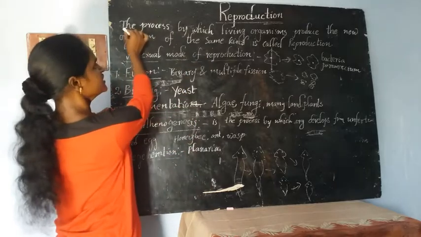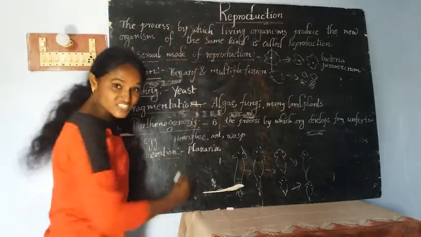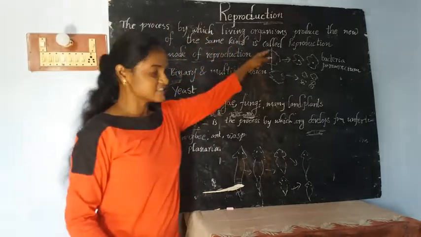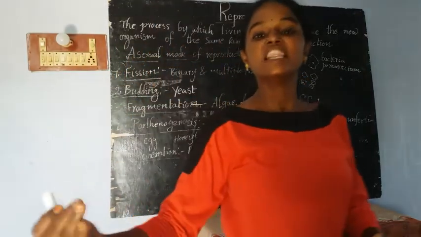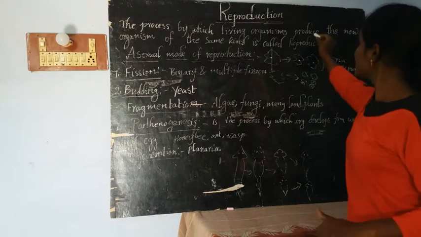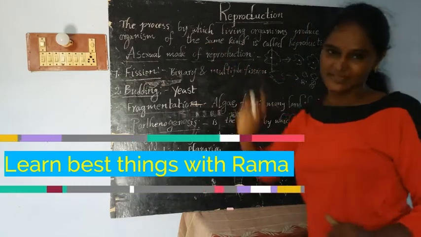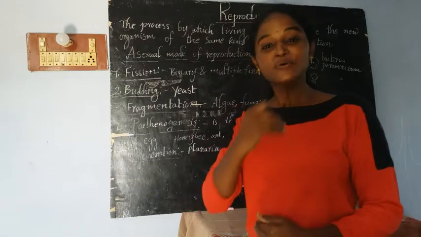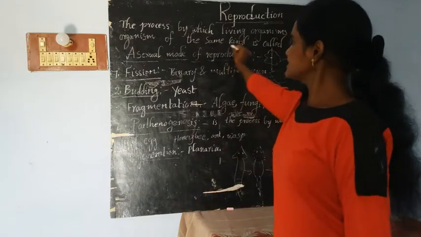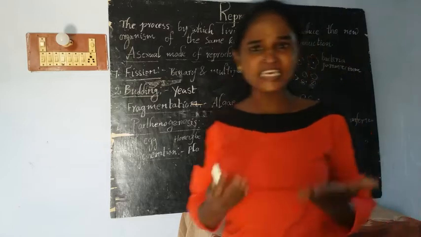See here, children, reproduction is the process by which living organisms produce new organisms of the same kind. What is meant by same kind?